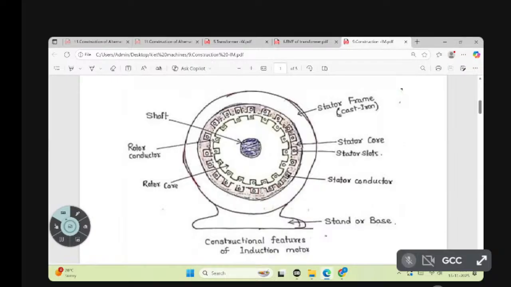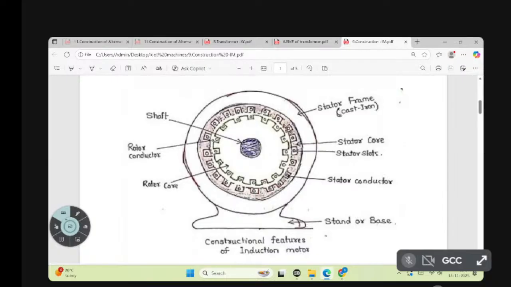After this, what we will do? Okay, what we will do after this? After that, this induction motor, you keep all the 3 diagrams. One is DC generator, one is alternator, one is induction motor. You compare one another.